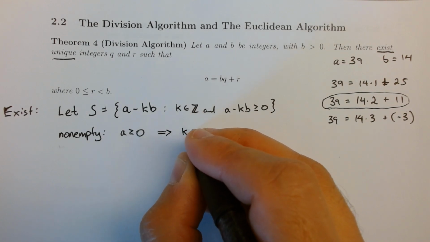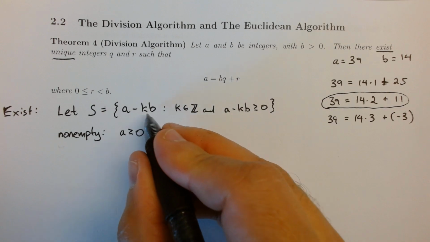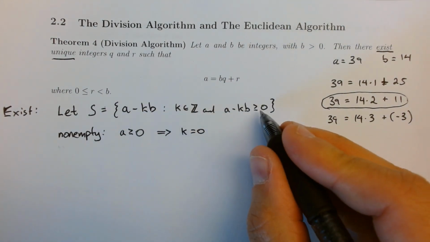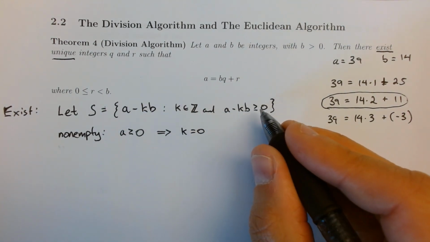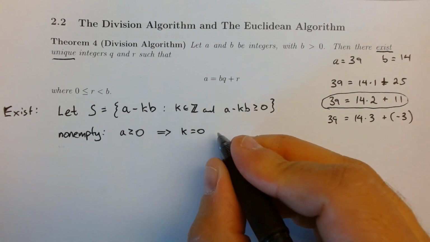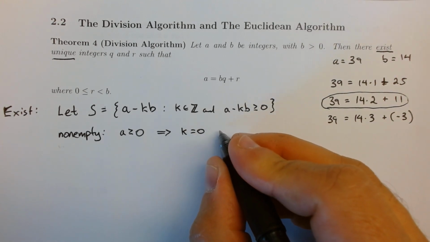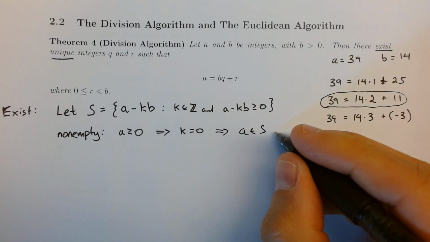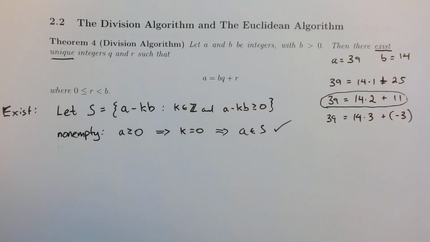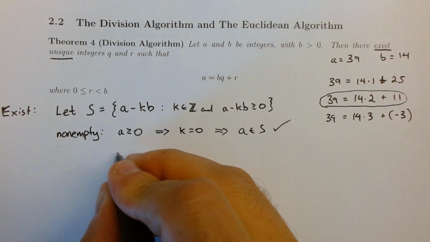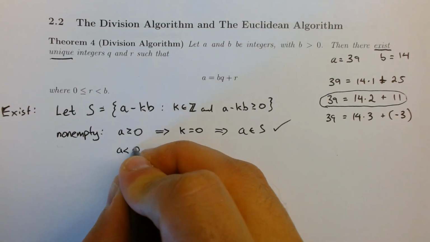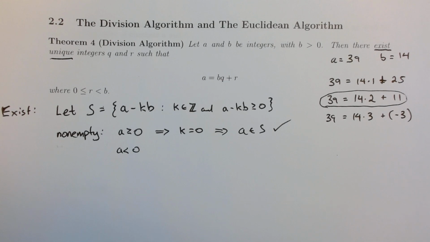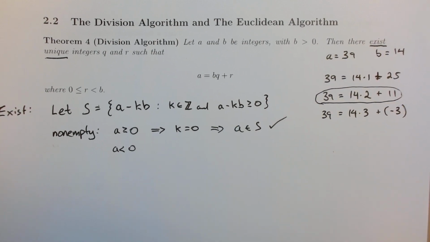So in this case, we let k be 0, and that makes a greater than or equal to 0, so that puts it into S. So in this case, we would say a is an element of S, so we certainly have the non-empty condition. But if a is a negative number, we have to think a little bit harder about what value of k we need to make sure that we get a non-negative number in this set.